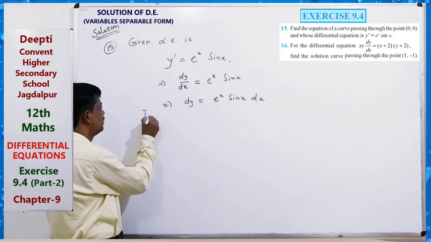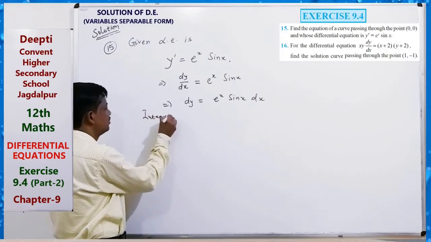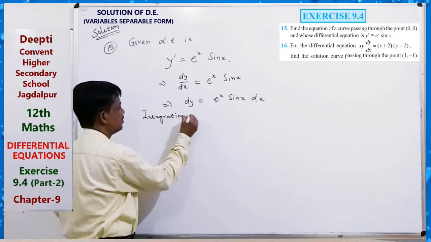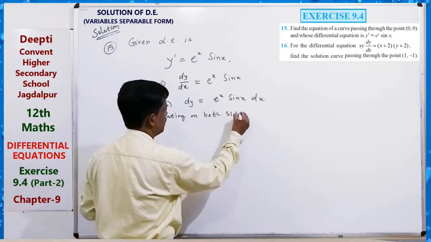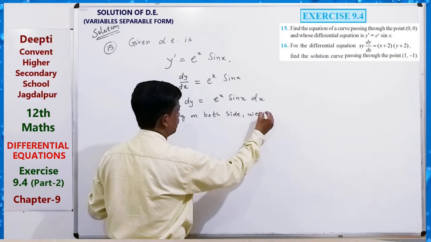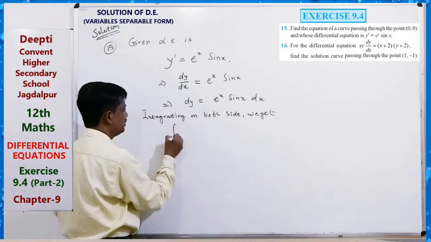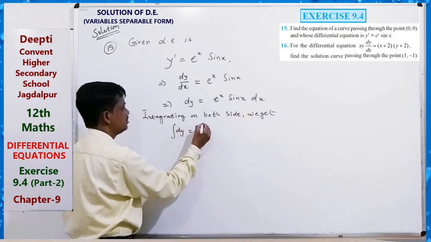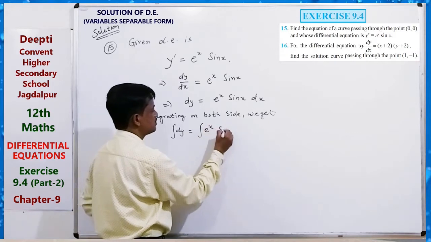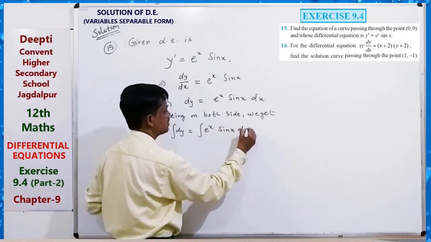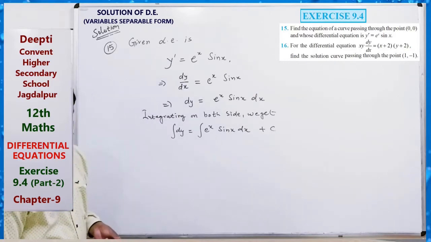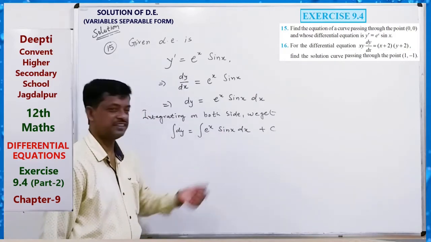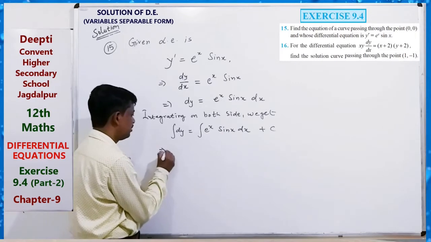Integrating on both sides, we get the integration of dy equals the integration of e to the power x sin x dx plus some constant c. Now for the integration of this, what will be the method?